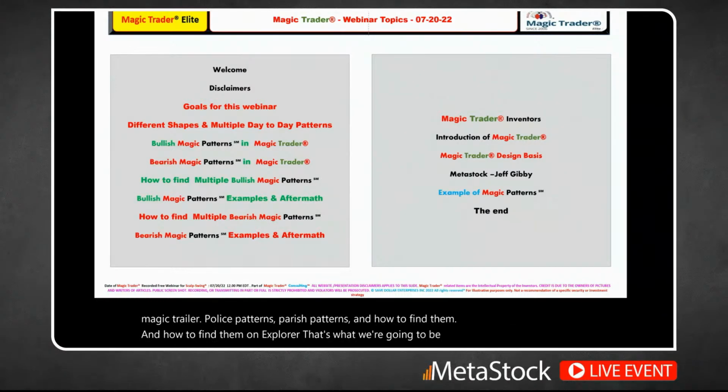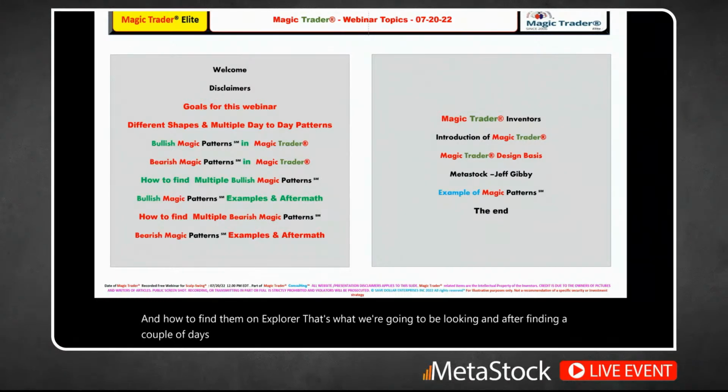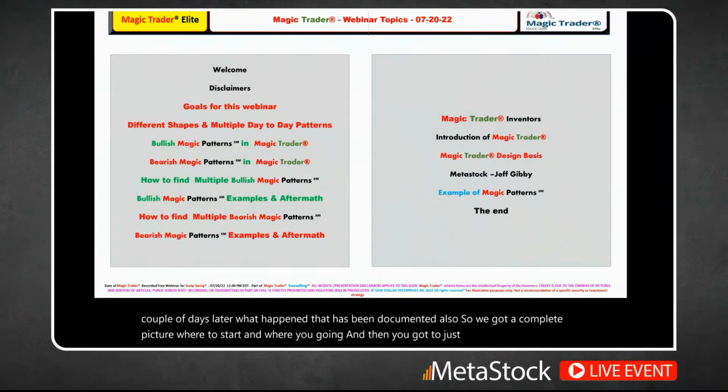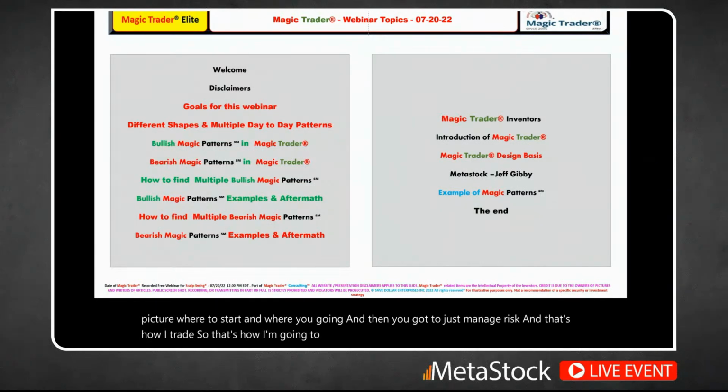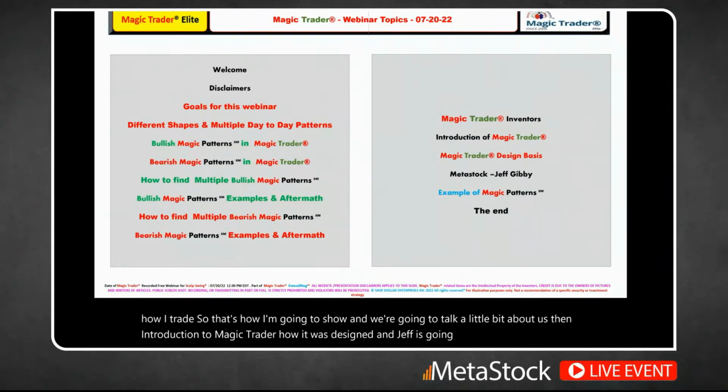And after finding them, what happened a couple of days later is also documented. So you get a complete picture of where to start and where you're going, and then you just have to manage risk. That's how I trade, and that's what I'm going to show. Then we'll talk a little bit about us and an introduction to Magic Trader, how it was designed. Then Jeff is going to participate. He has a lot of things to show.